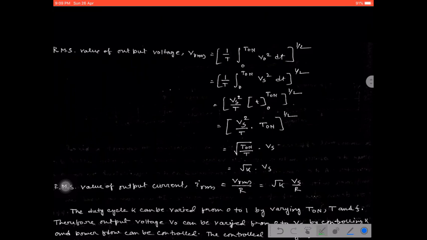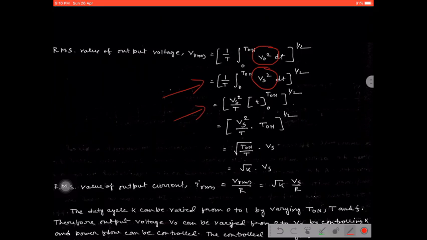So after simplification, we can mention the equation, that is 1 by T integration from 0 to T on of Vs square, as V0 equal to Vs, right? After simplification, we will get the result Va square T, 0 to T1, under root.